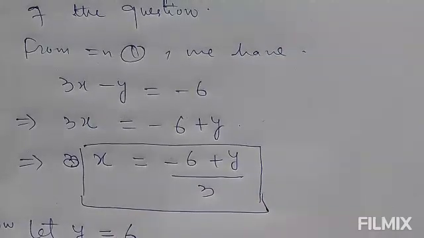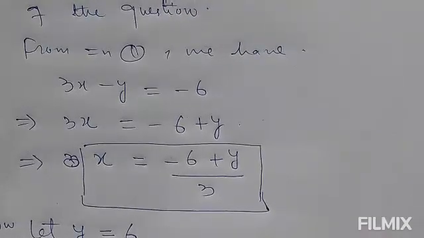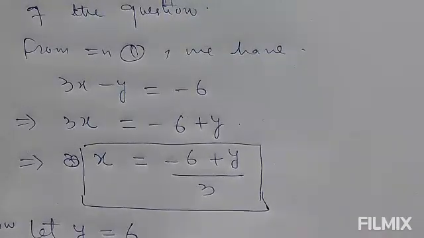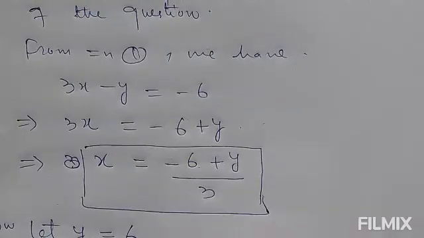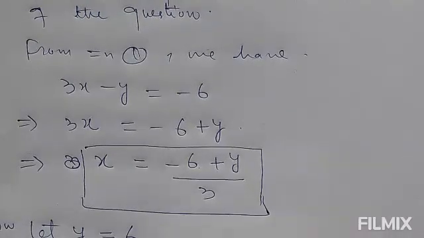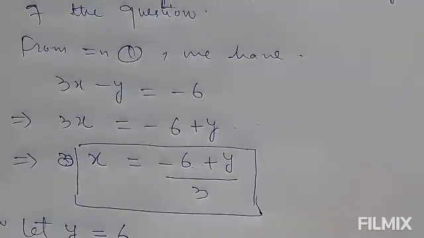Okay, then x equal to minus 6 plus y. Instead of y we have to write 6, so minus 6 plus 6 is 0, divided by 3. 0 divided by 3 is equal to 0. So what we get? y is equal to 6 and x is equal to 0.